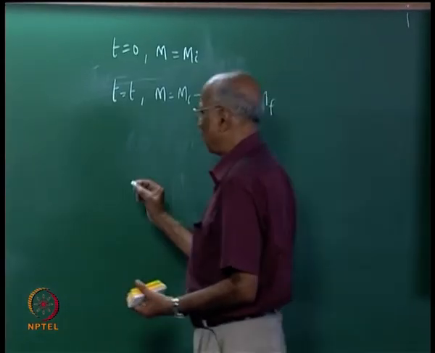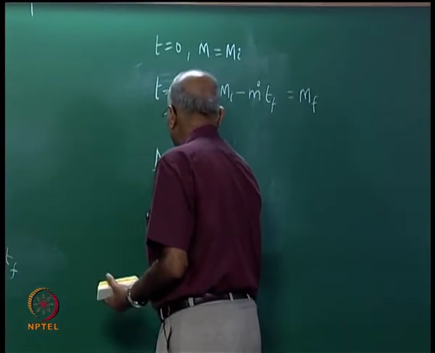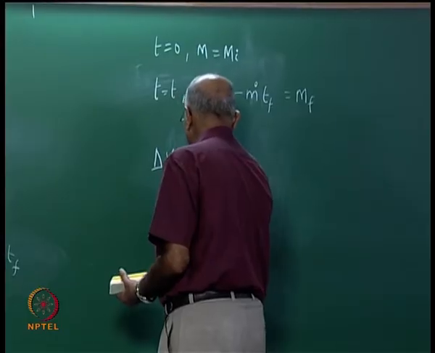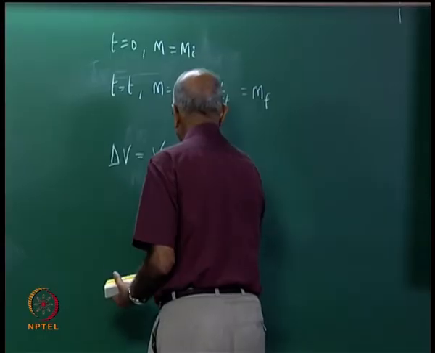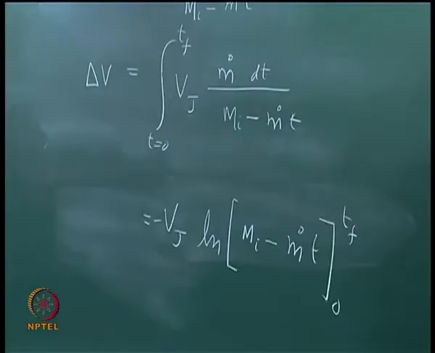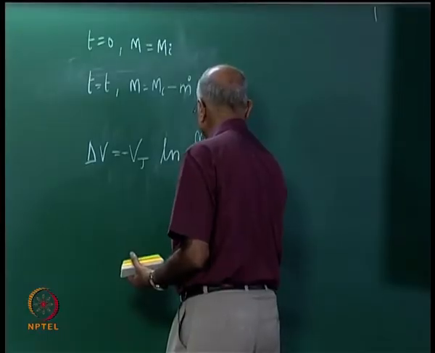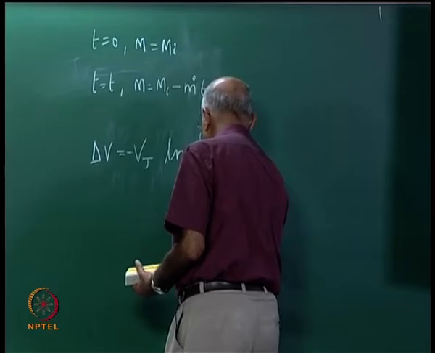And therefore, what is this value? Delta V is equal to Vj into ln of, minus Vj is there, ln of Mf by Mi, the initial mass.